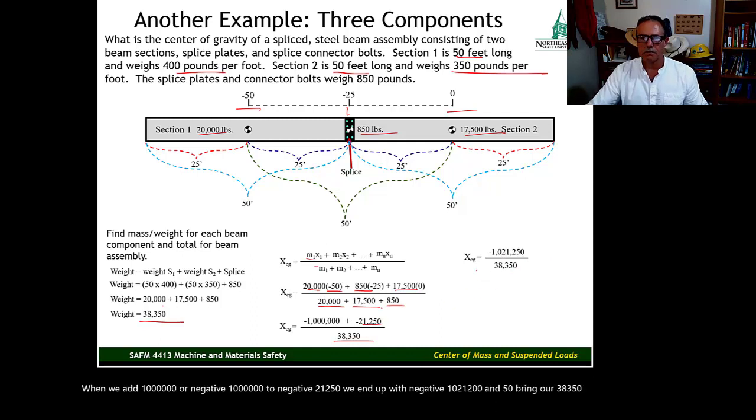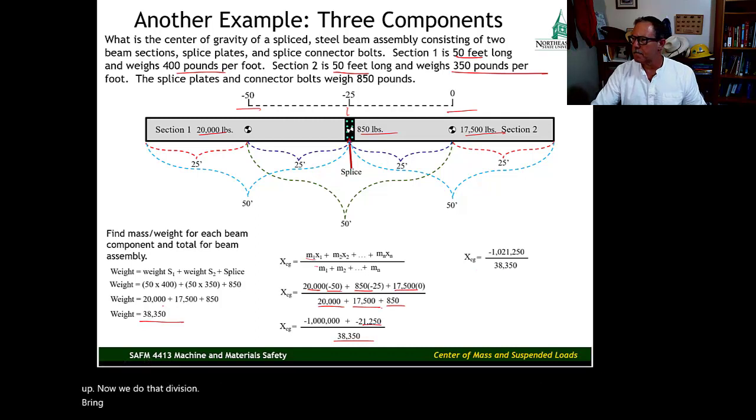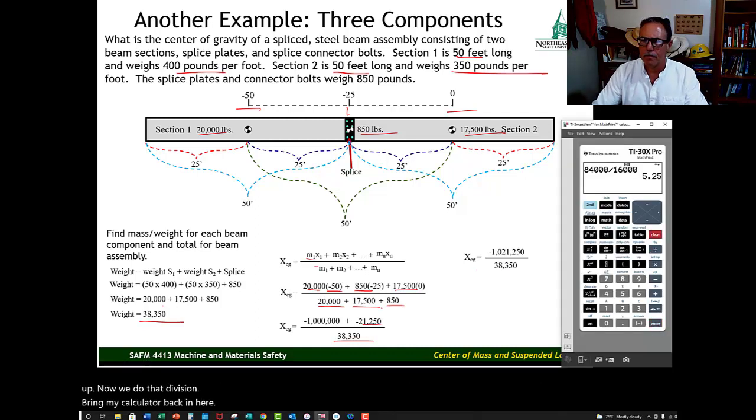Now we do that division. Bring my calculator back in here.